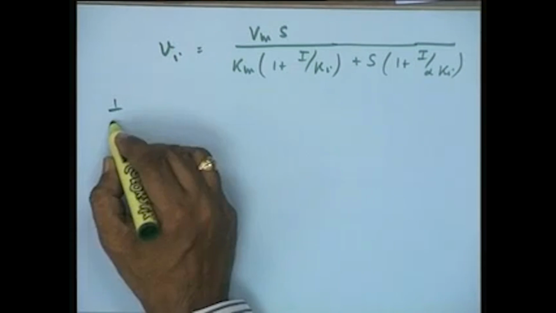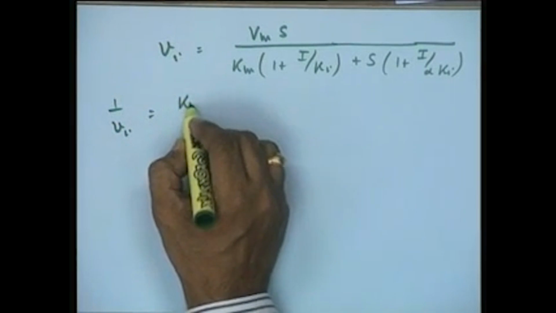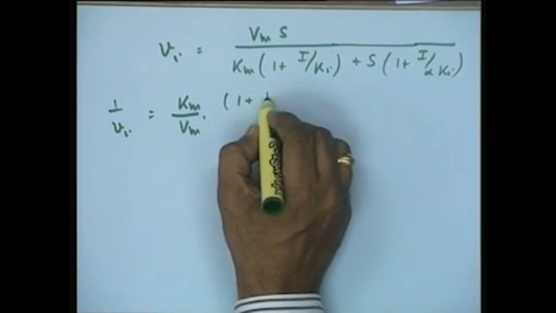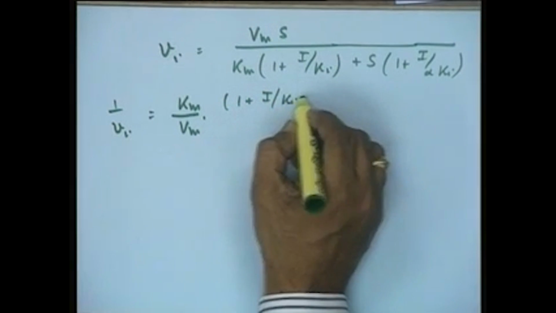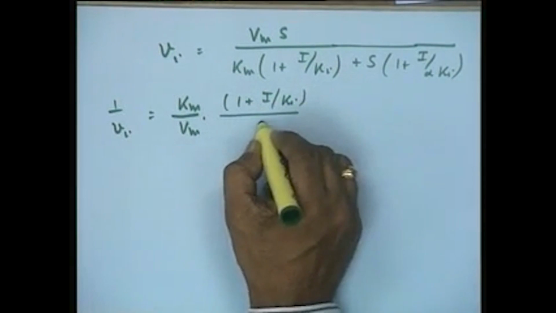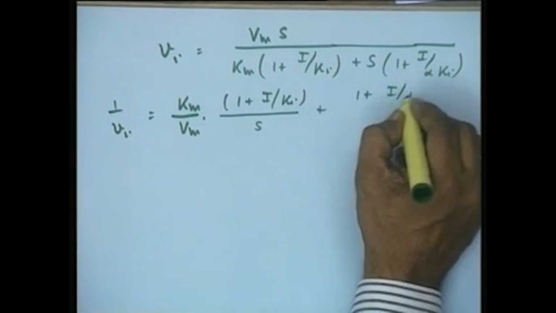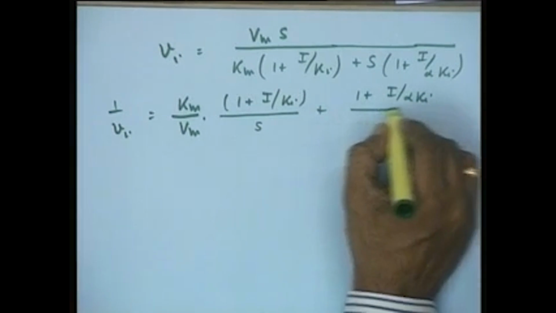And 1 upon Vi is Km over Vm into 1 plus I over Ki upon S plus 1 plus I over alpha Ki upon Vm.